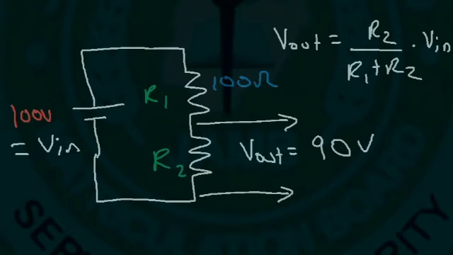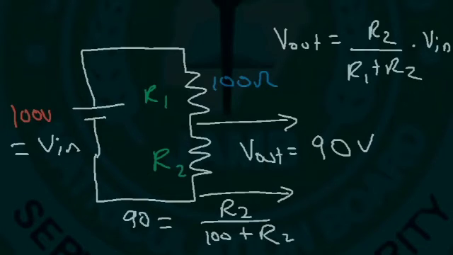So now let's solve for R2. The output voltage is 90. We're looking for R2. R1 is 100, plus R2, and the input voltage is 100. If we divide both sides by 100, 90 divided by 100 is 0.9.